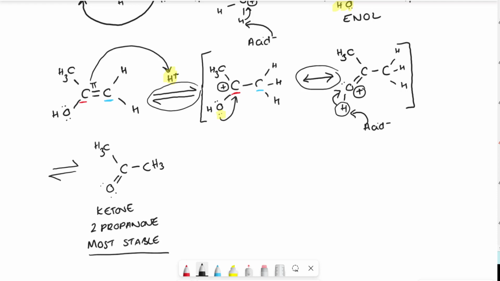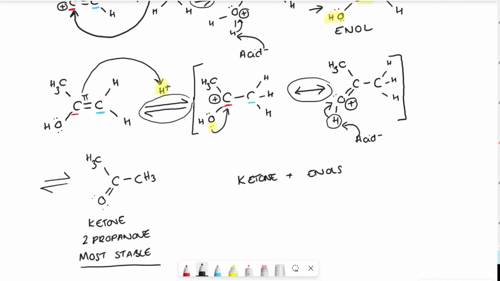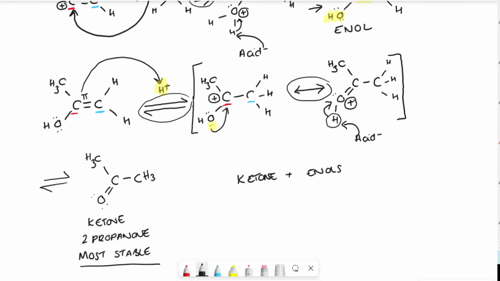So when you have these ketones and these enols, and they can flip back and forth between one another, because really, if we just summarize it here, our initial enol looked like this. I'll just try and make that a little bit neater.